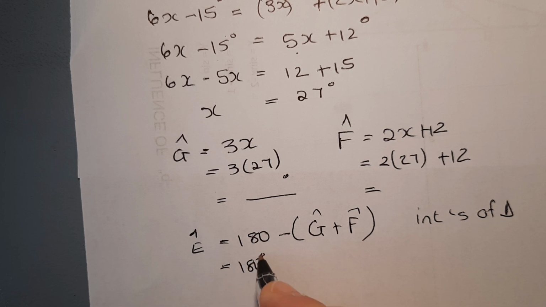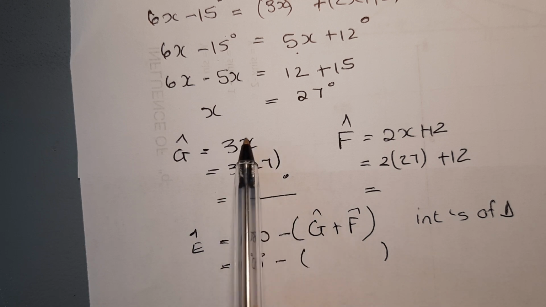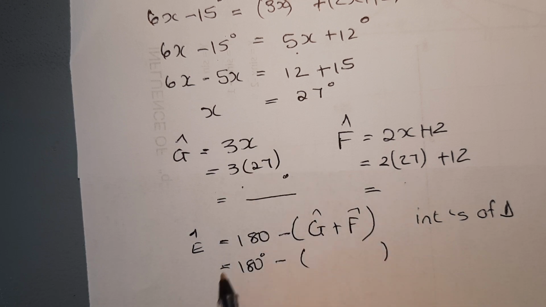So you are going to take 180 and subtract the answer you got for G and the answer that you got for F, and you are going to write the answer. You are also going to try the rest of page 129 exercise 4, and you are going to do 1, 2, 3, 5 and B.